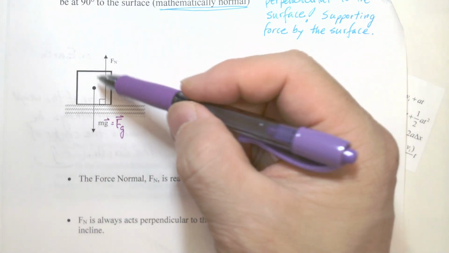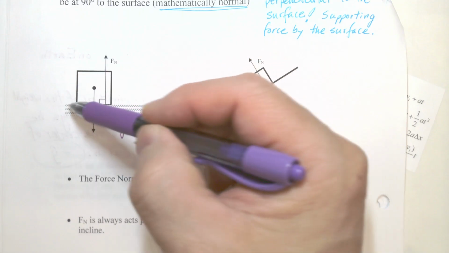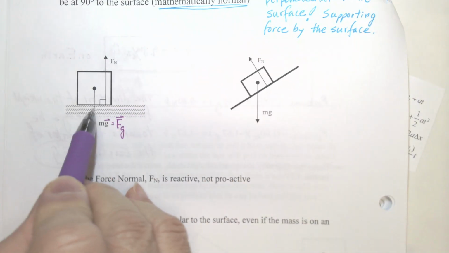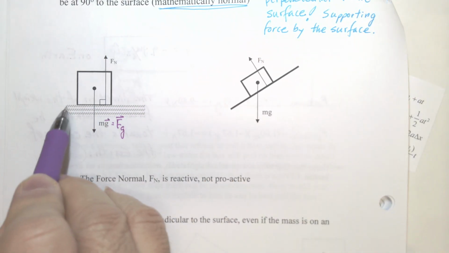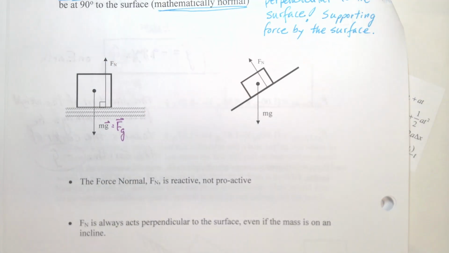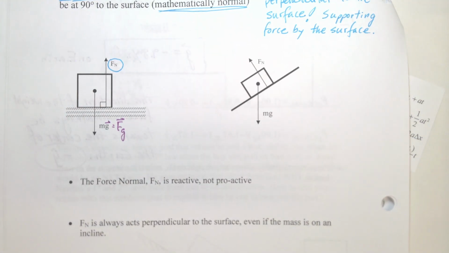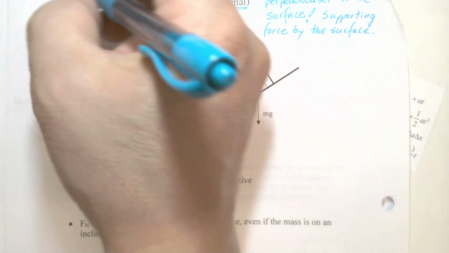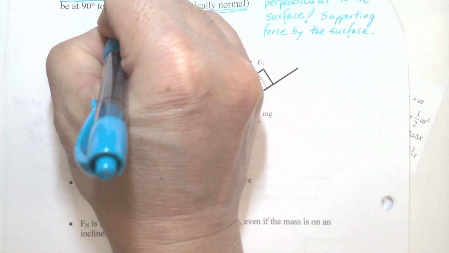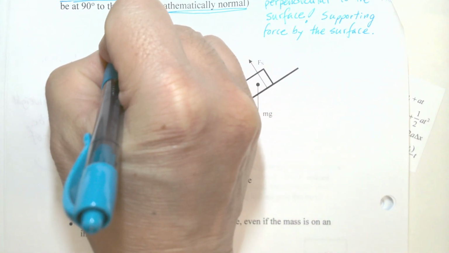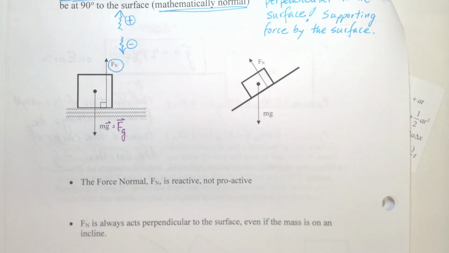My other force acting on this object is the supporting force on this object by this surface, which is called the normal force. And this is the normal force right here. We will consider up direction positive in this case, and we're going to consider the down direction to be negative.